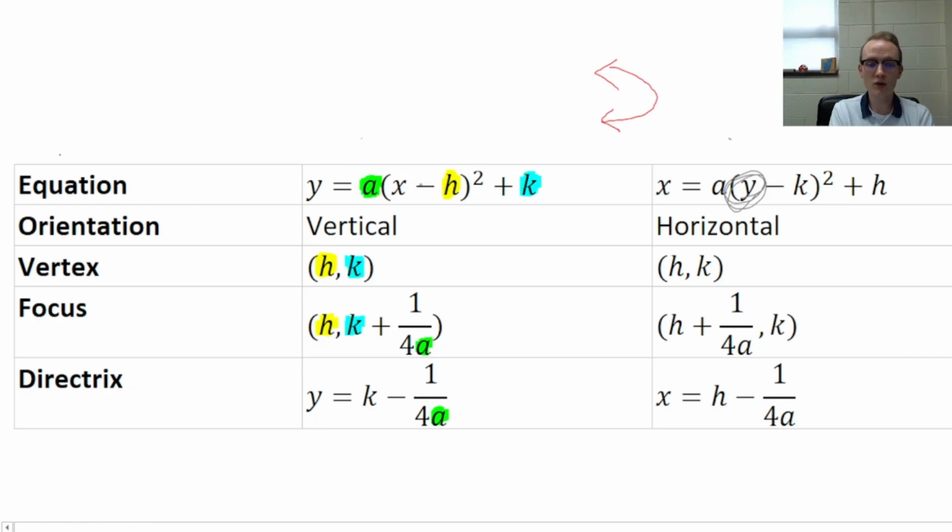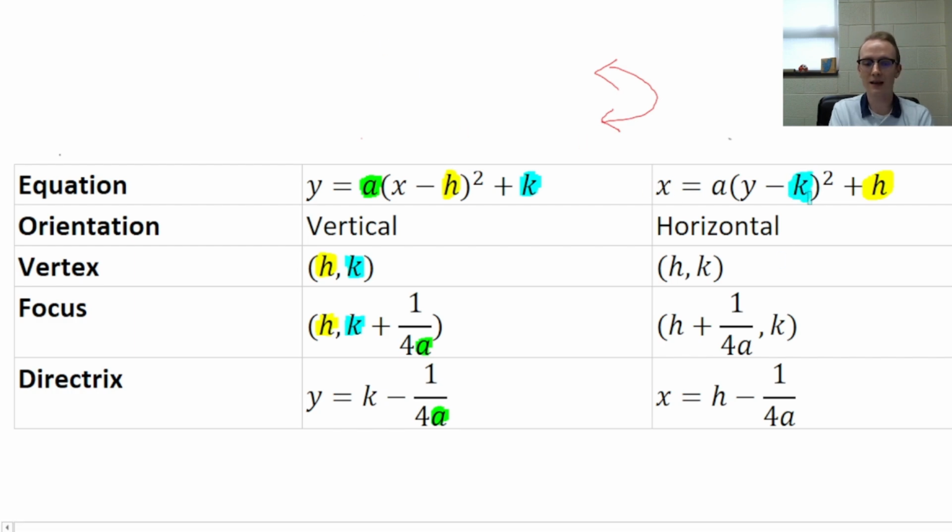Just like how h moves it left or right, it's inside the parentheses with the x value, which moves your parabola left or right. So since x is on the left side of the equal sign out here, h, which moves our parabola left or right, is outside the parentheses here, impacting the output of our function x.